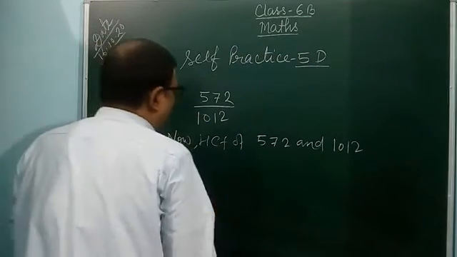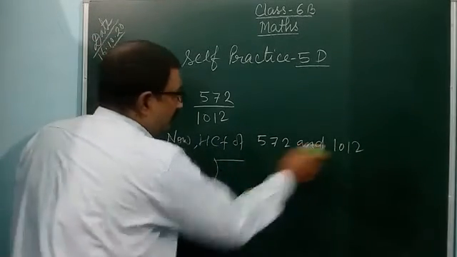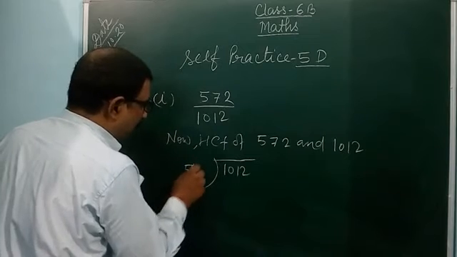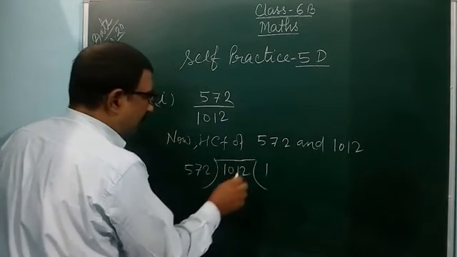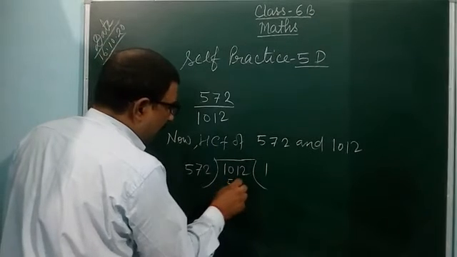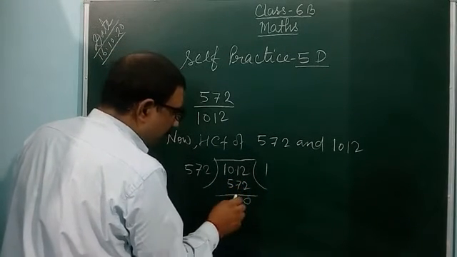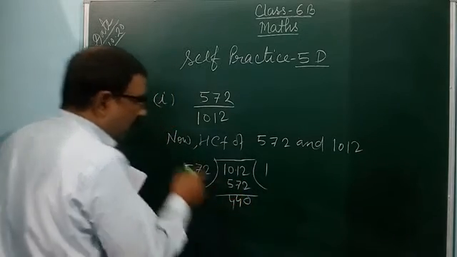After that, you put 1012 as dividend and 572 as divisor. 1 times 572, 1 times 572. 2 minus 2 is 0, 11 minus 7 is 4, 9 minus 5 is 4, 440.